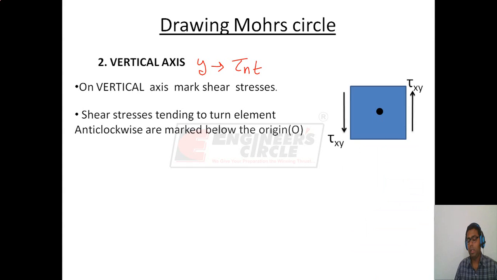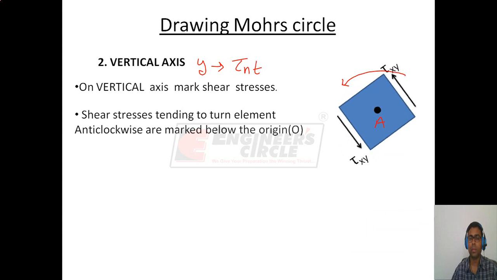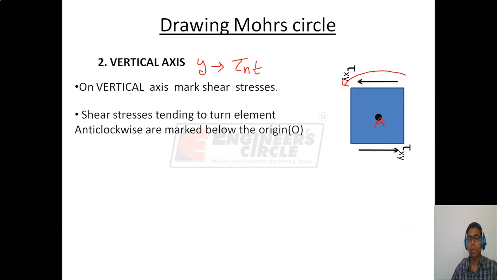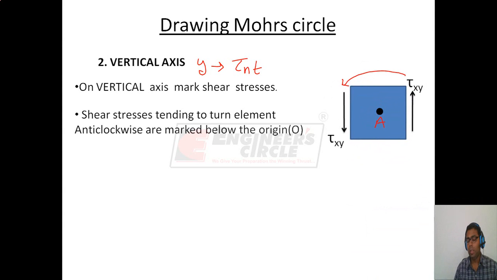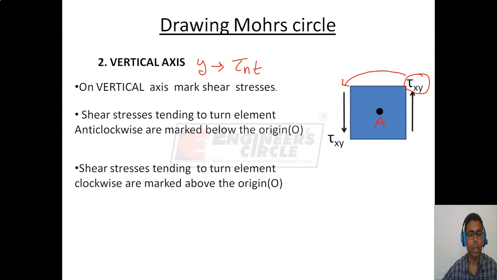Look at this animation that clears how the shear stresses tend to turn the element in anti-clockwise direction. This is the stresses at point A. This tau xy and tau xy are tending to turn the element in anti-clockwise direction, like this. So this tau xy will be marked below the origin. Similarly, shear stresses tending to turn the element clockwise are marked above the origin. Consider this stress at a point.